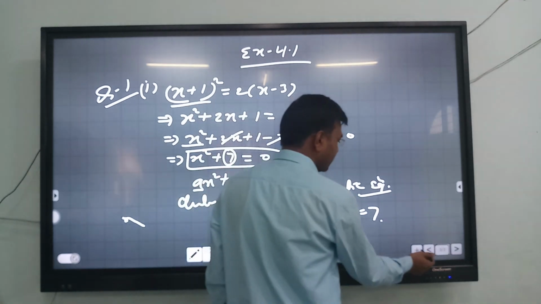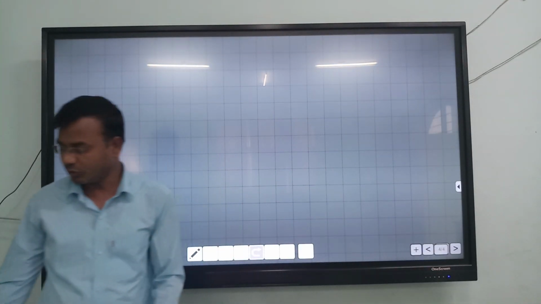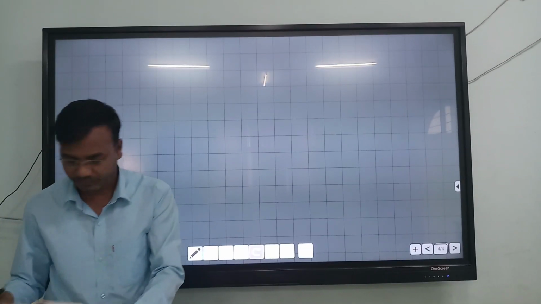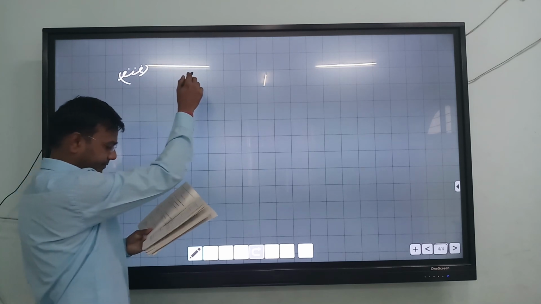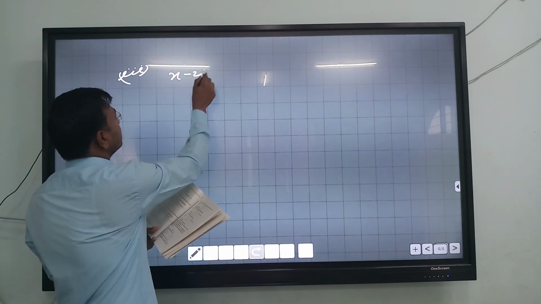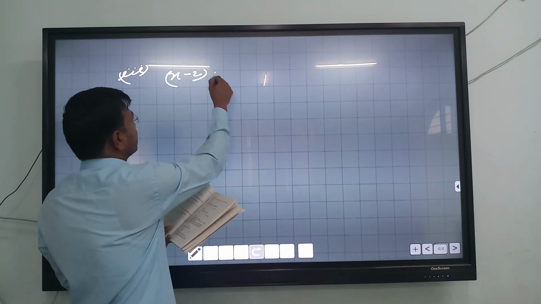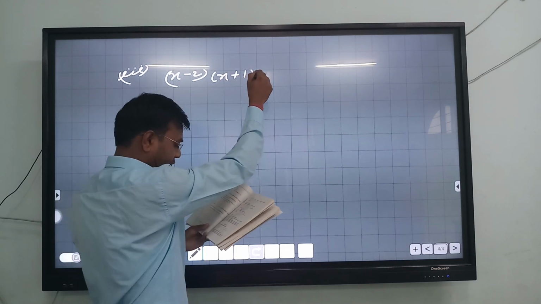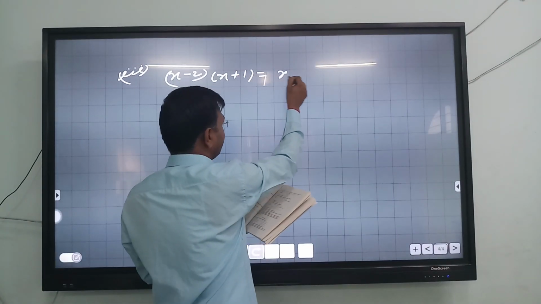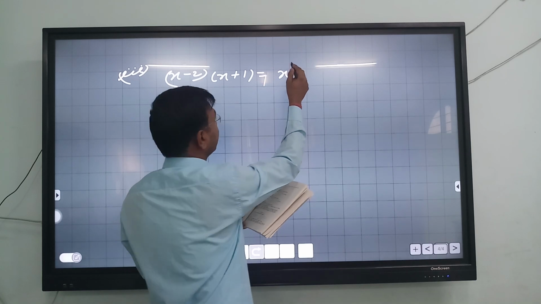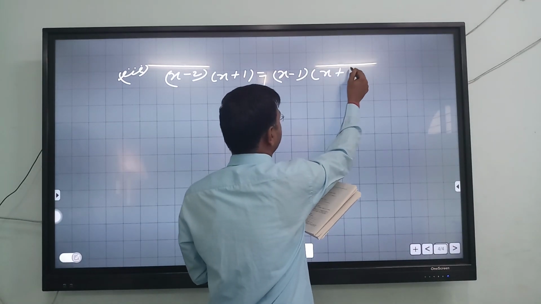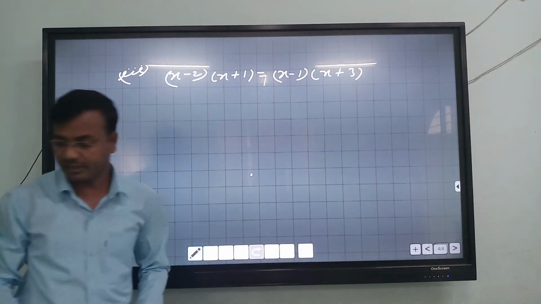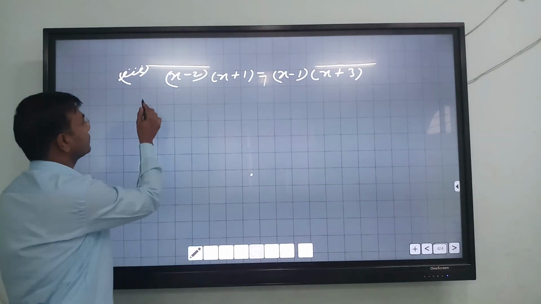Question number 1, so let us solve one more part, the third part. In some of the questions we have to use identities and simplify the given term. So do not write the answer directly unless you calculate it.